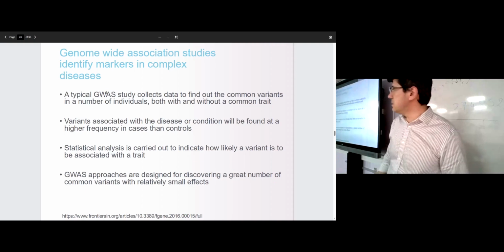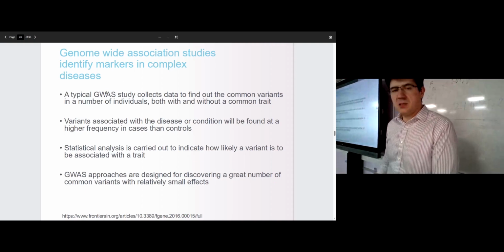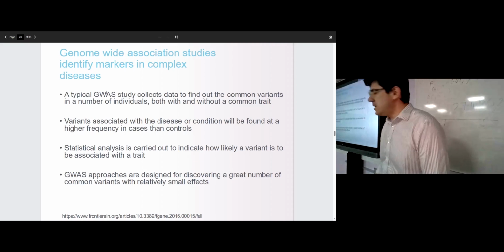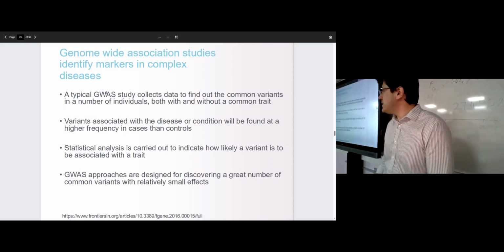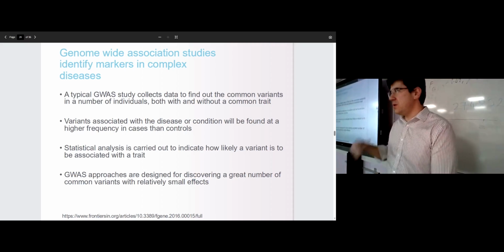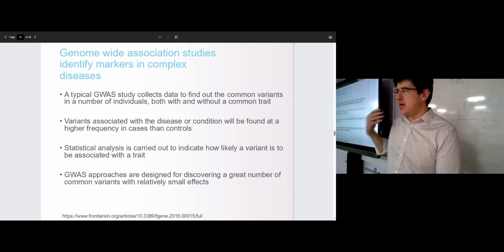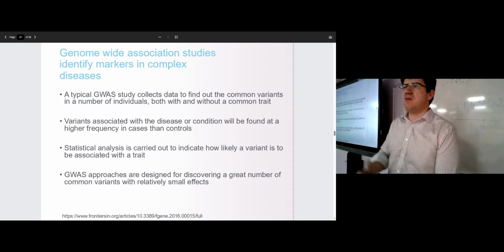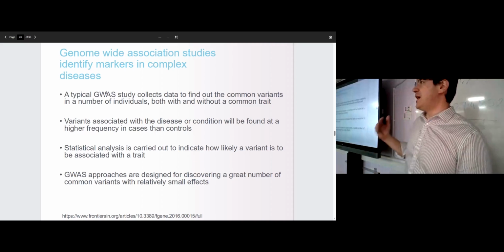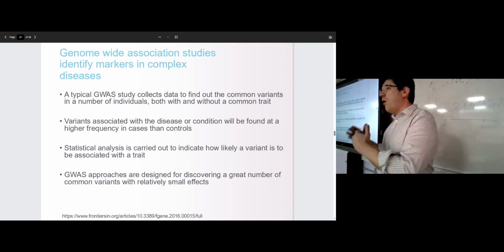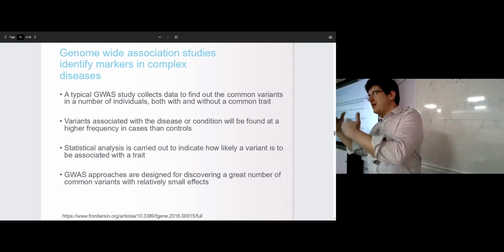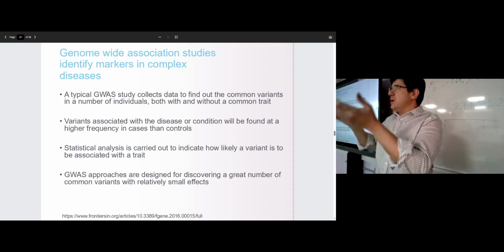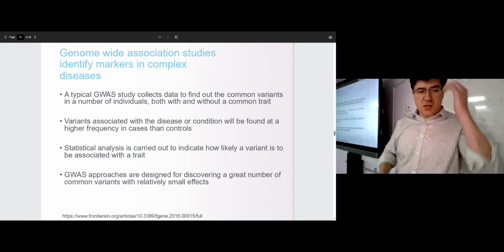GWAS uses SNPs to help understand what genetic variants are more likely to develop the disease. And based on those genetic variants, we can stratify high-risk individuals. Patients that have a greater number of risk variants are more likely to develop the disease.